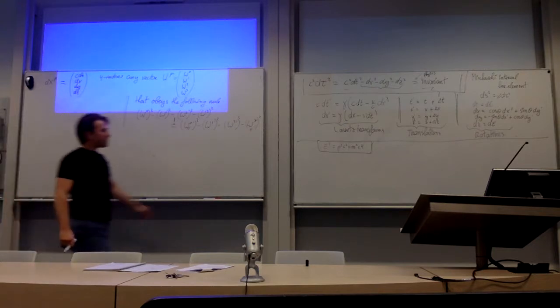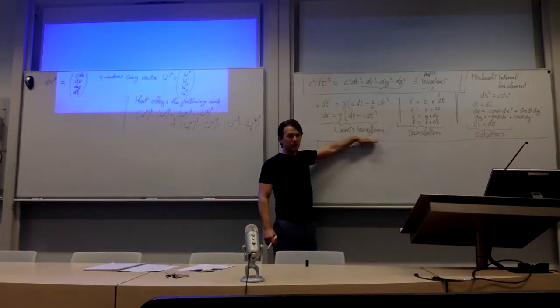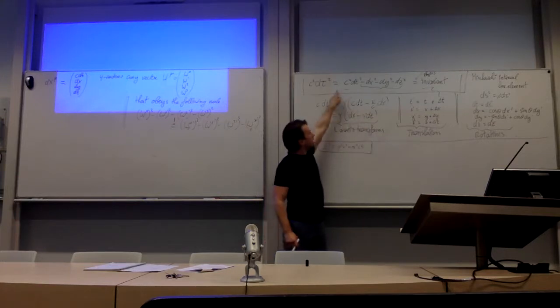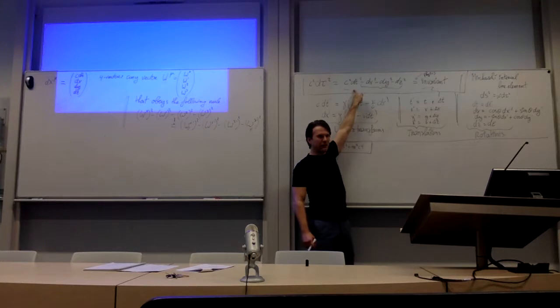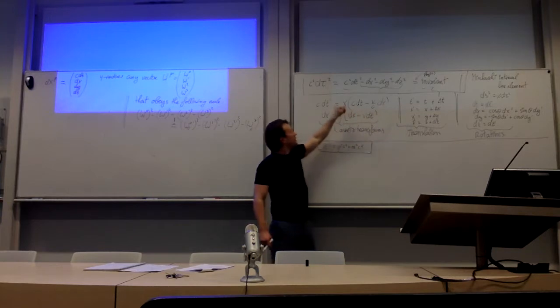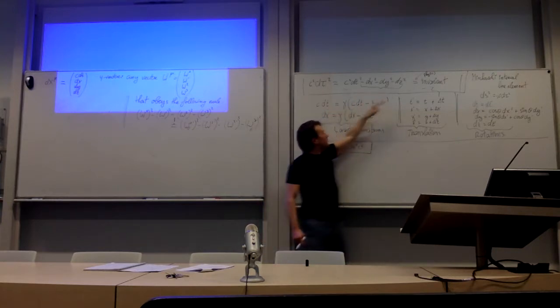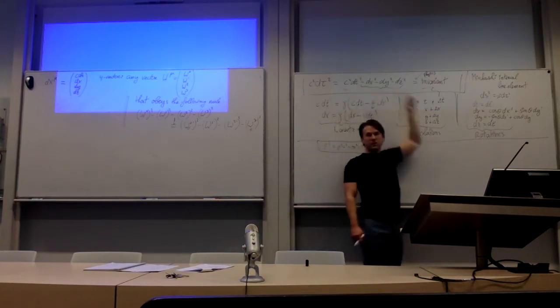What we saw here is that this particular relationship makes sure that this particular combination of squares is the same for all. Do you agree? We haven't explicitly derived it yet, tutorial and such, but that was the claim: if you connect the dt's, dx's, dy's, and dz's of the 2 observers in this way to each other, then this particular combination will be the same for both.